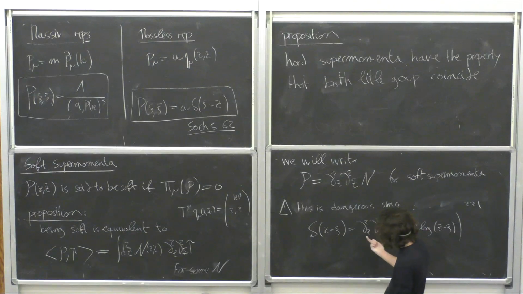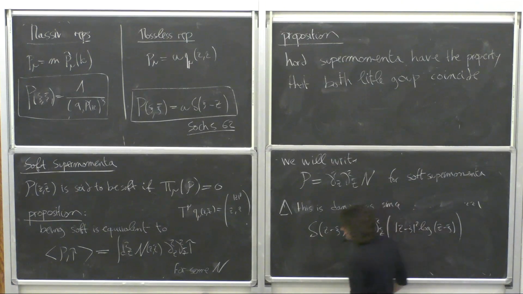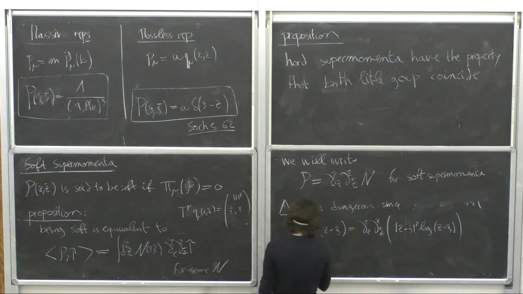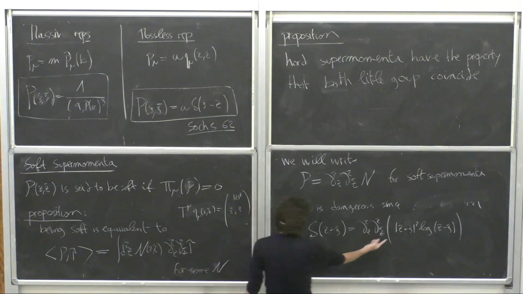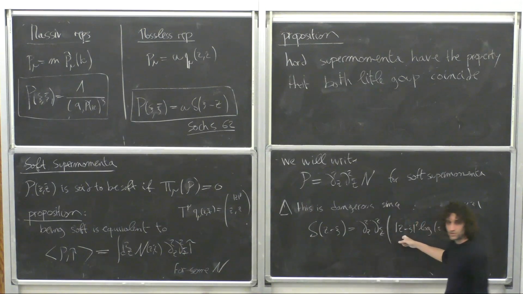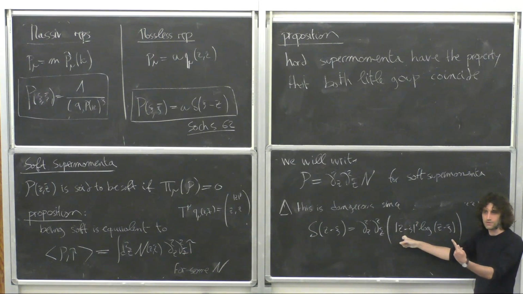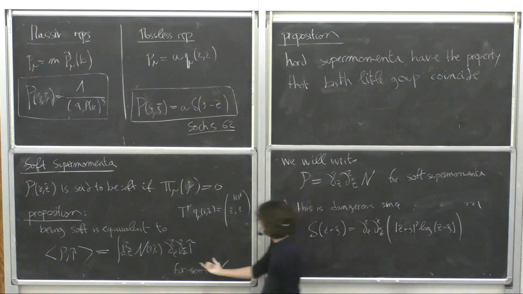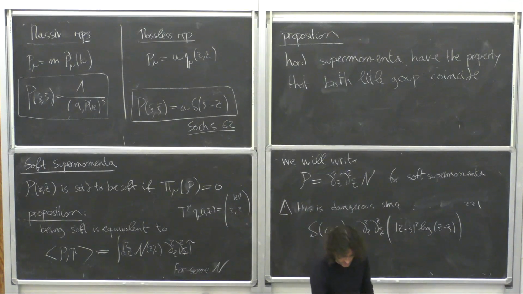Another way of saying this is that if you want to plug this equation inside the integral, you need to integrate by parts. And this guy has a singularity at z equal infinity. So you can't integrate by parts in z and z bar without being very careful about what you're doing.